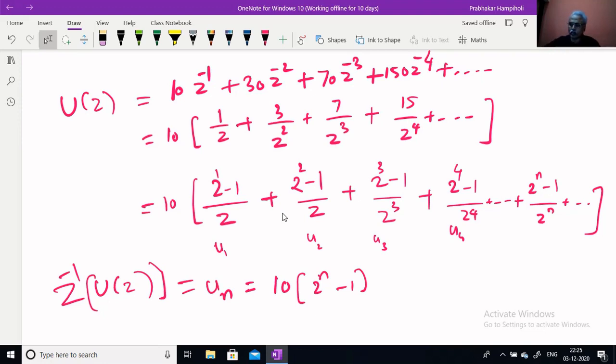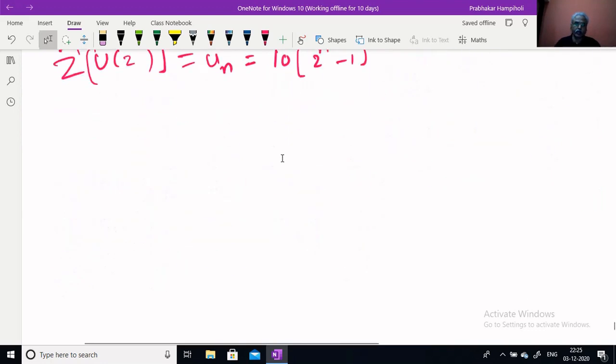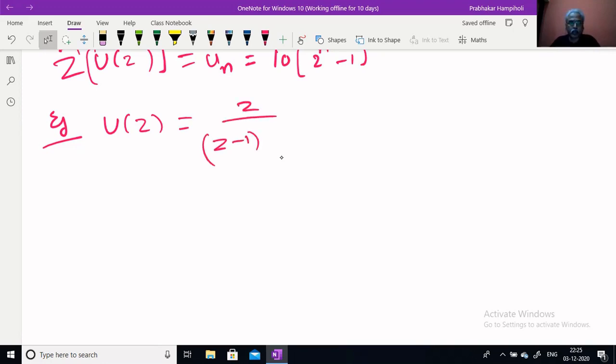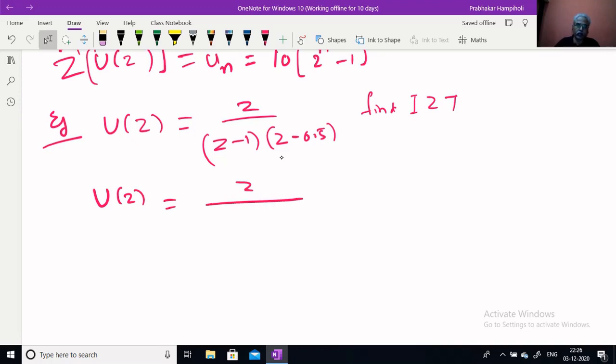So whenever we are dividing, this is the usual fashion of division. Suppose I go to the second example of division using the division process. If u of z equals z by z minus 1 into z minus 0.5, find inverse z transform. Now if I simplify the denominator by multiplying, I will get a z square term, then minus 1.5 times z, and minus into minus gives plus 0.5.